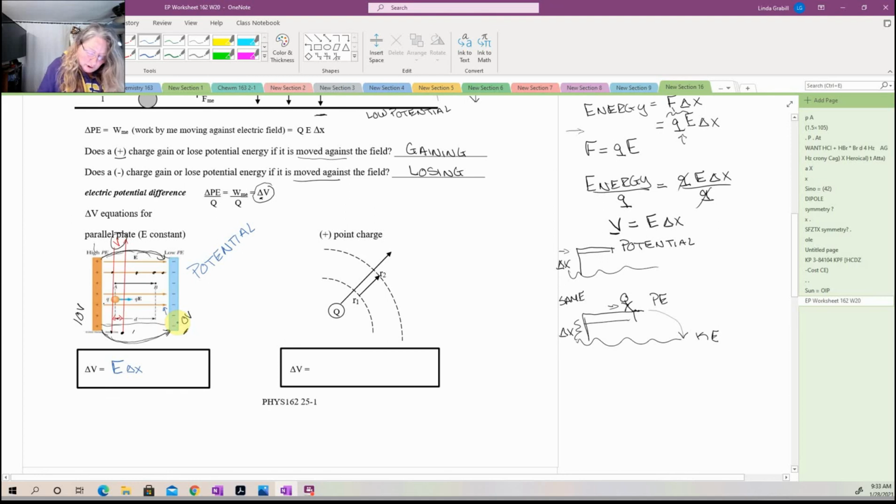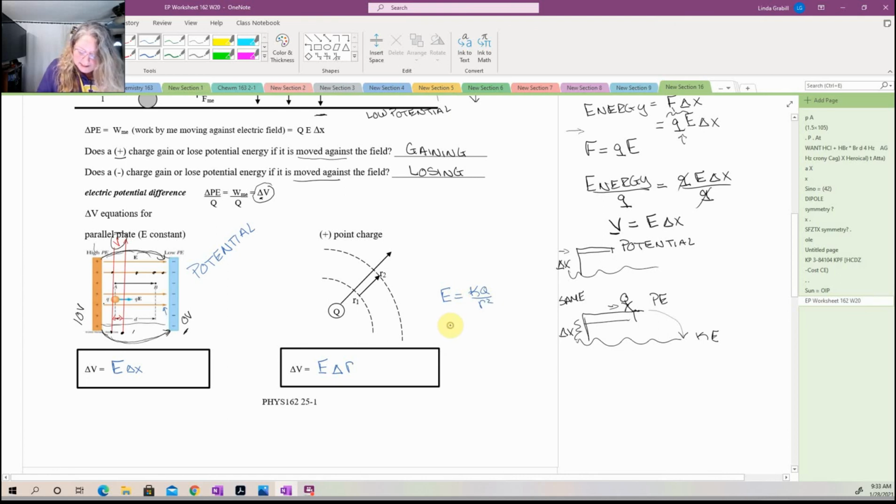For a point charge, we're going to have the same thing, this E, but you'll see the other notation of delta R. Why do you see that instead of delta X? Because we've defined everything as E equals kQ over R squared.